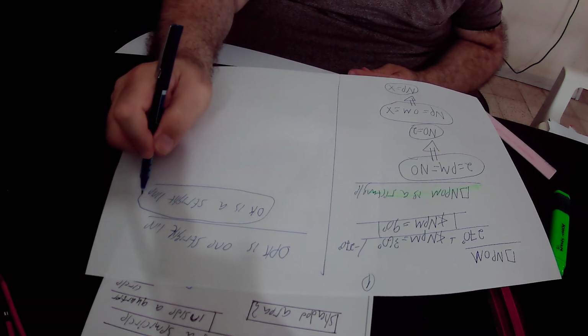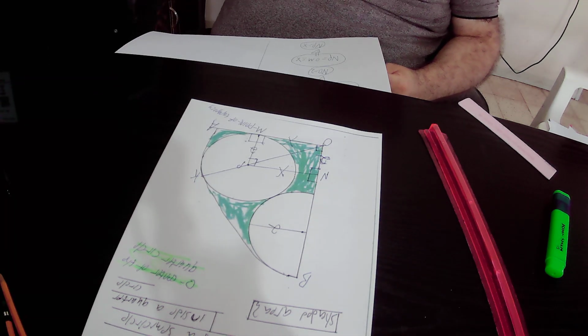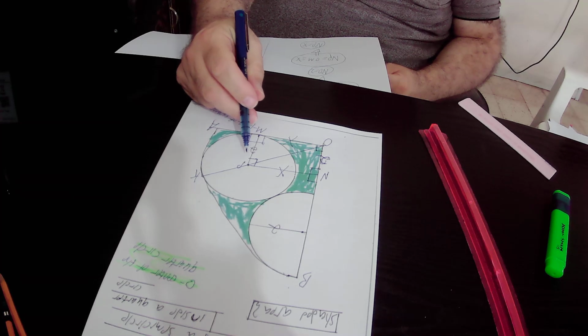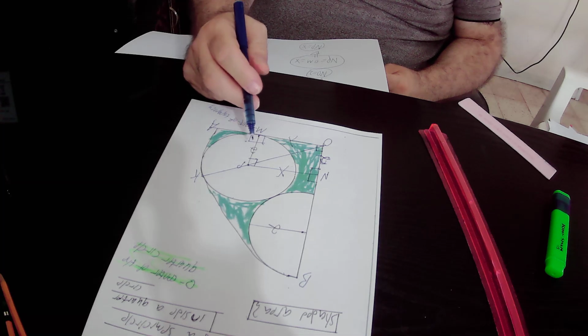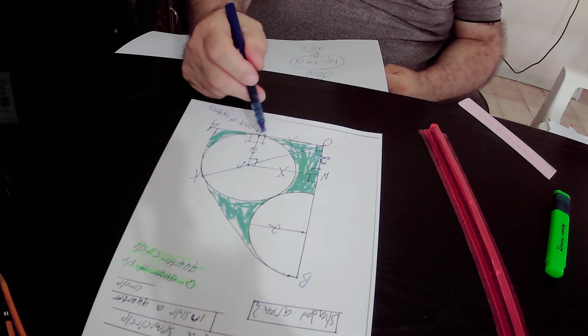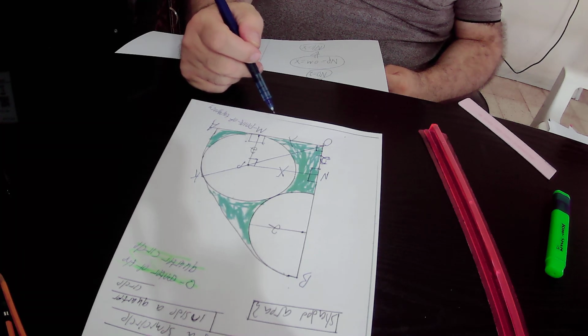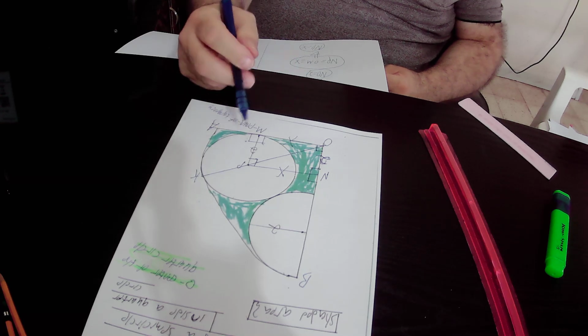Line segment OK is a straight line. And it is very important that it passes through point P, because then we can find out the values of OP and PK, and also the value of line segment OK.